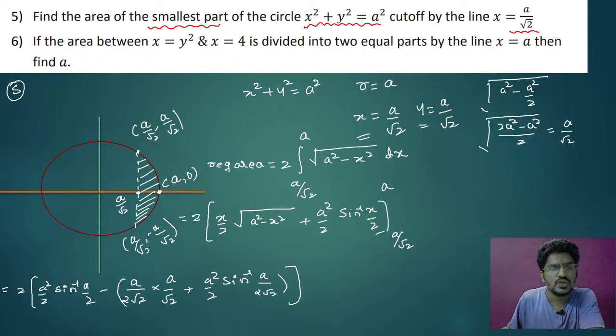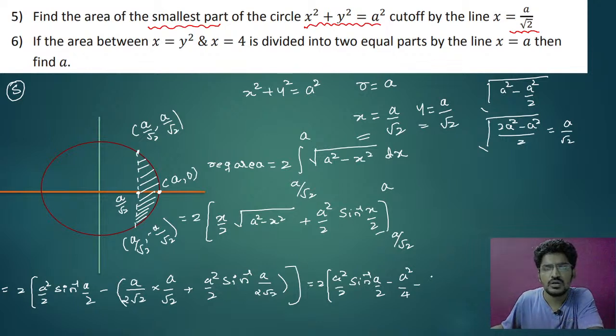Okay. So now a into a is a square, root 2 into root 2 is 2, so 2 into 2 is 4. Therefore your answer is going to be equal to 2 times of a square by 2 sin inverse of a by a, minus a into a is a square divided by 4, minus into plus is minus, a square by 2 sin inverse of a by 2 root 2.